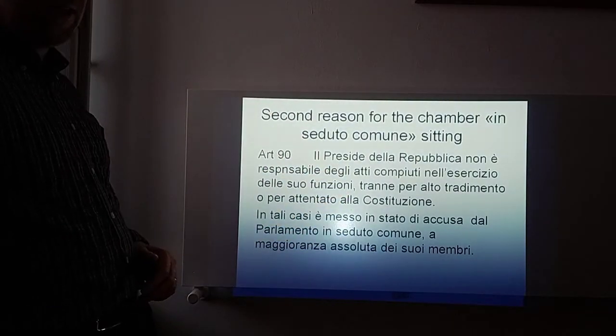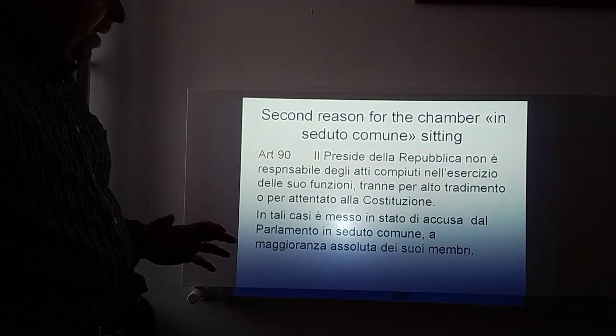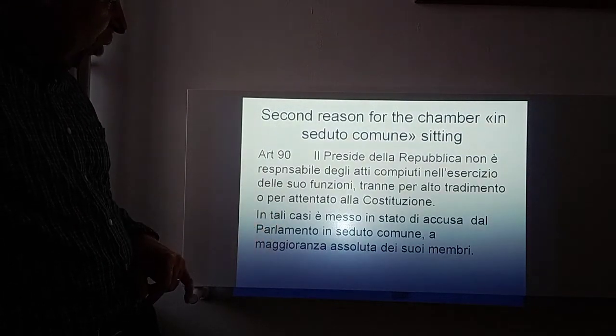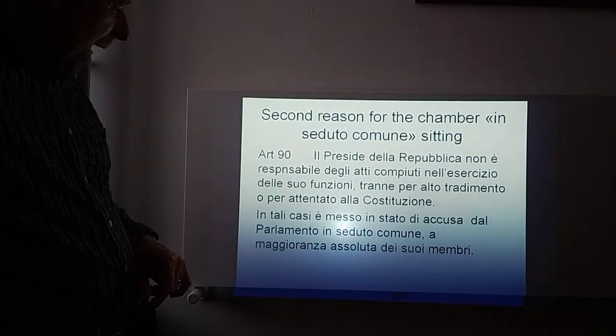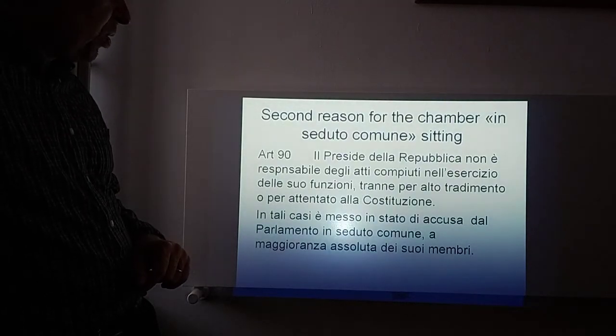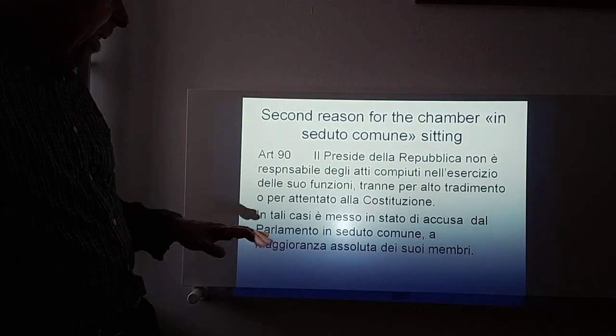And in that case, this is where the seduta comune, the joint sitting, comes into play, because in tale caso è messo in stato di accusa dal Parlamento in seduta comune a maggioranza assoluta dei suoi membri.